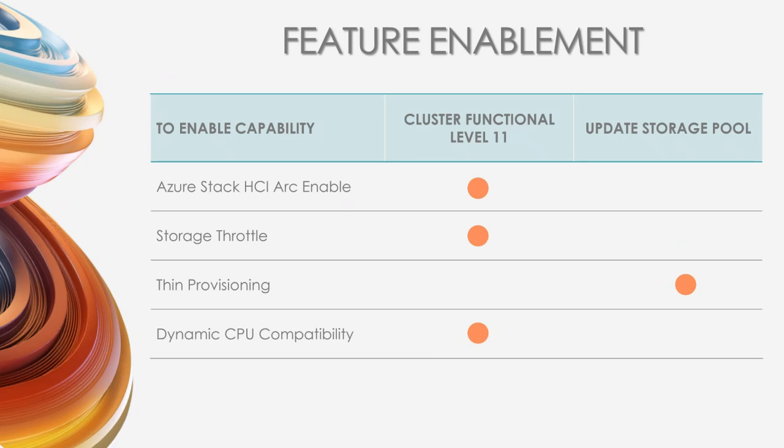And the way that you tell that the cluster functional level has not been raised is that when you deregister the Azure Stack HCI from Azure and re-register, you won't see the option for Arc enablement. So keep an eye out for that. And dynamic CPU compatibility, again, requires the cluster functional level to be set to 11. So just keep an eye on those areas. If you're not seeing the capability, go and check your functional level of the cluster.